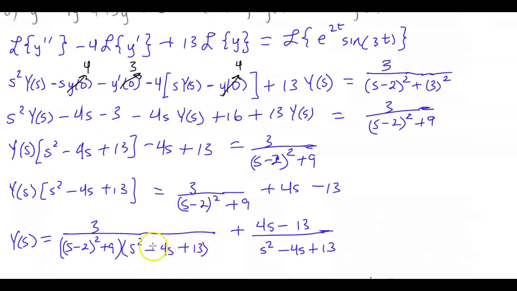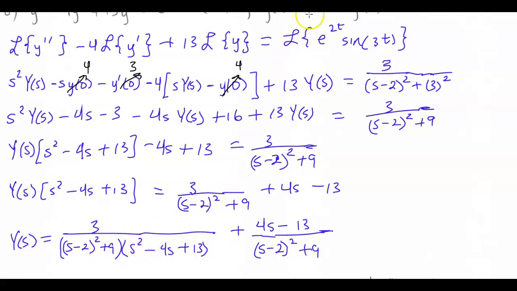So in saying all that, we could take our denominators here and we could rewrite them. Okay. So for this denominator, it could just be S minus 2 quantity squared plus 9. So we got S minus 2 quantity squared plus 9.